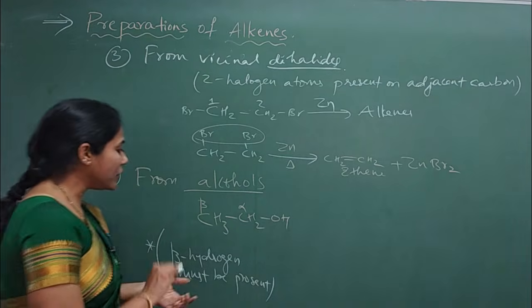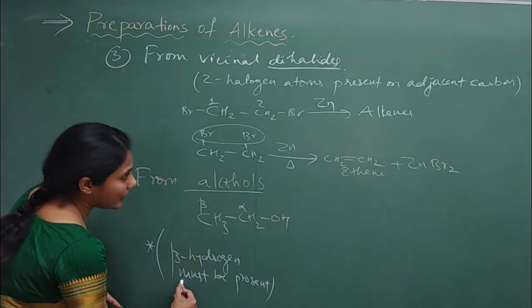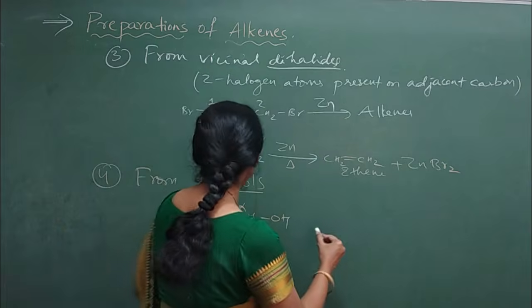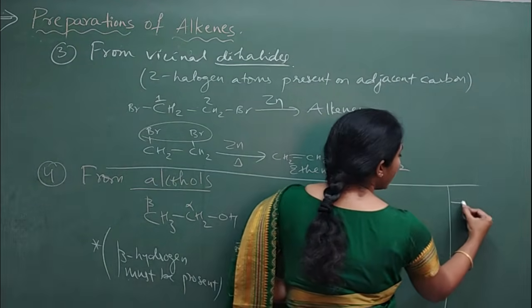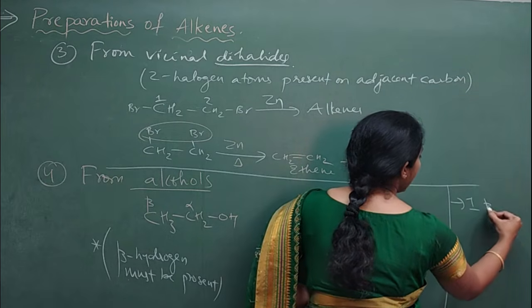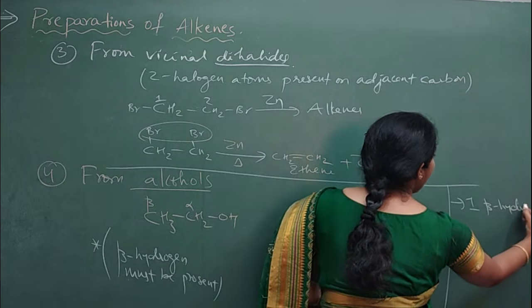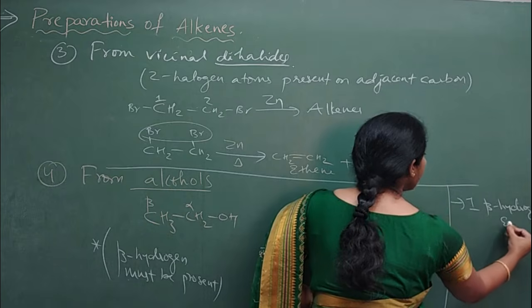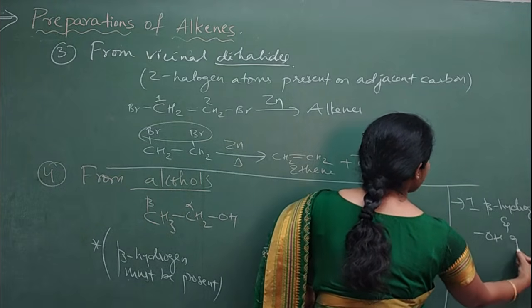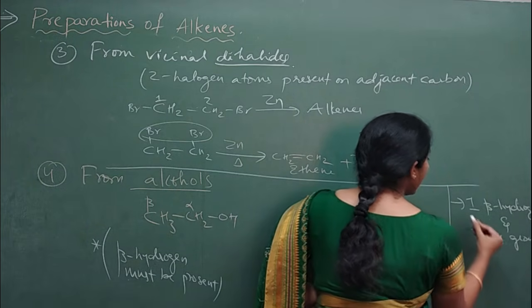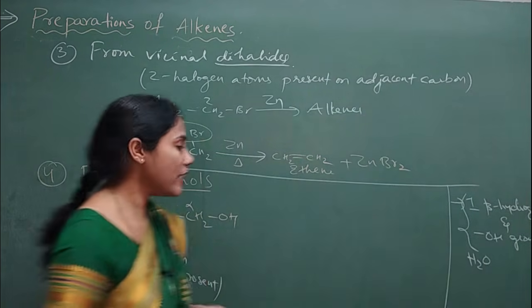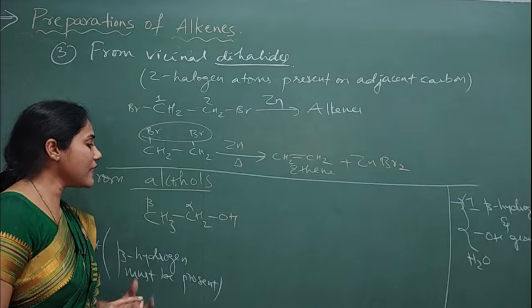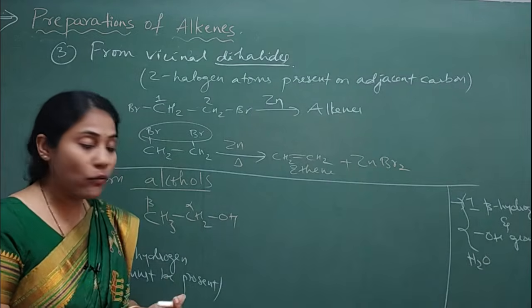So you will actually remove one of the beta hydrogens. Let me write the points here. You are removing one beta hydrogen and the OH group. Both of them will come out as a water molecule. So ultimately from this alcohol I am removing water.